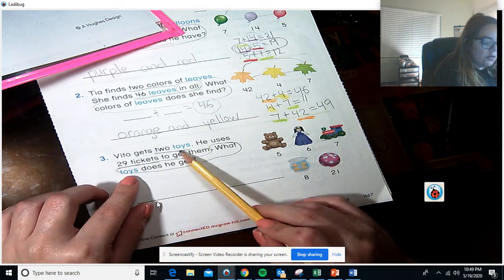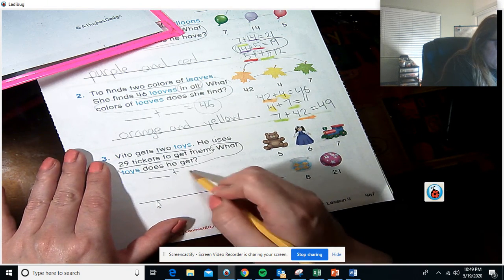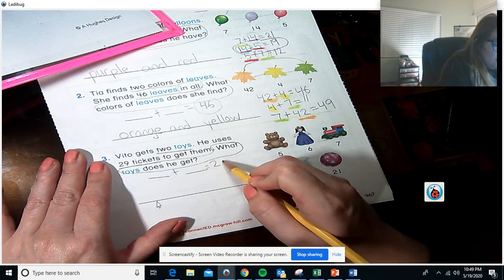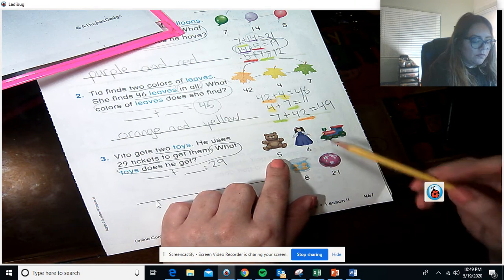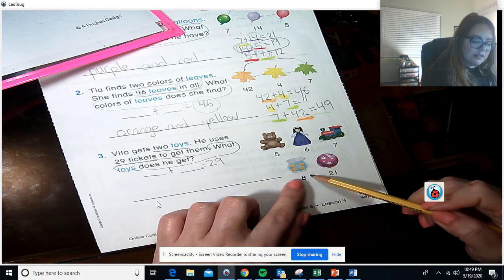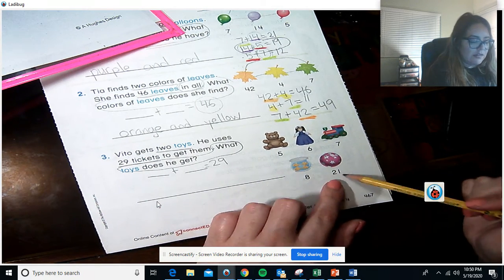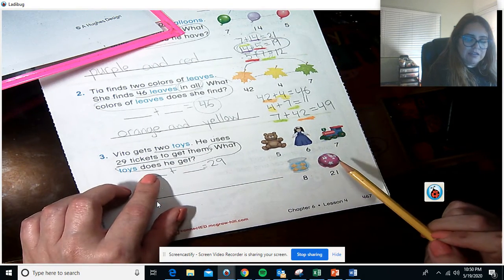So we're going to look for blank plus blank equals 29. So the bear was worth 5 tickets. The doll is worth 6 tickets, the train is worth 7 tickets, the goldfish are worth 8 tickets, and the ball was worth 21 tickets. He only spent 29 tickets, so which 2 toys did he get?